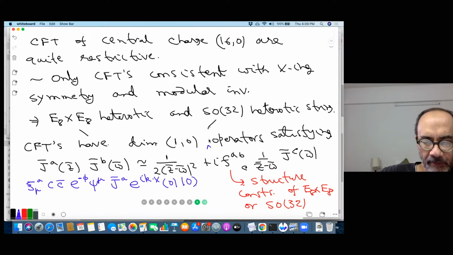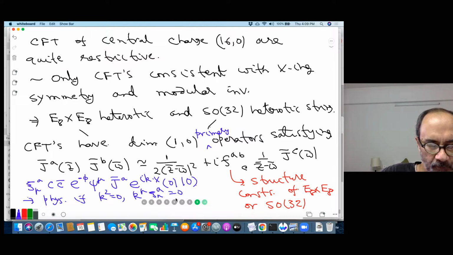These are primary, I should have already said. Okay. So you can easily convince yourself this is physical if k square is 0 and k mu psi mu a equal to 0. So this basically tells us that there are massless gauge fields.